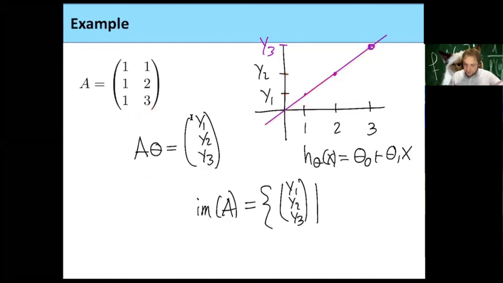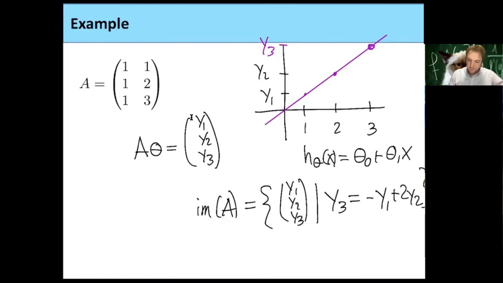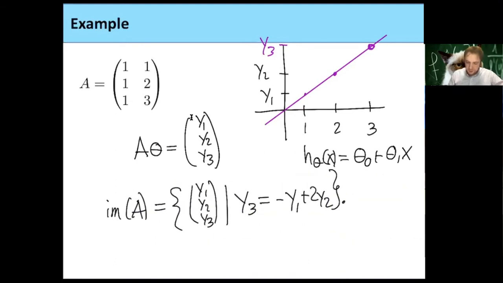If you do some calculation, you see that y3 needs to satisfy y3 equals minus y1 plus 2 times y2. Okay. So this is a subset of R3.